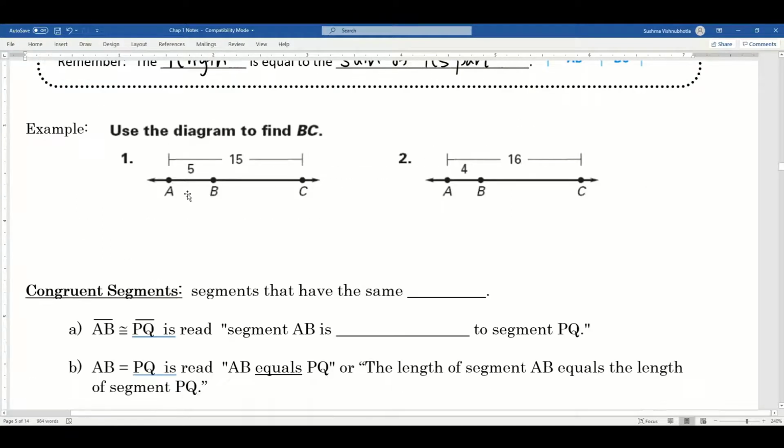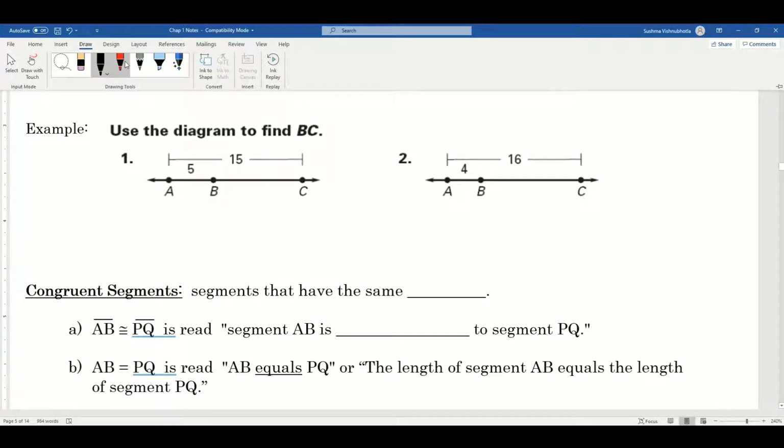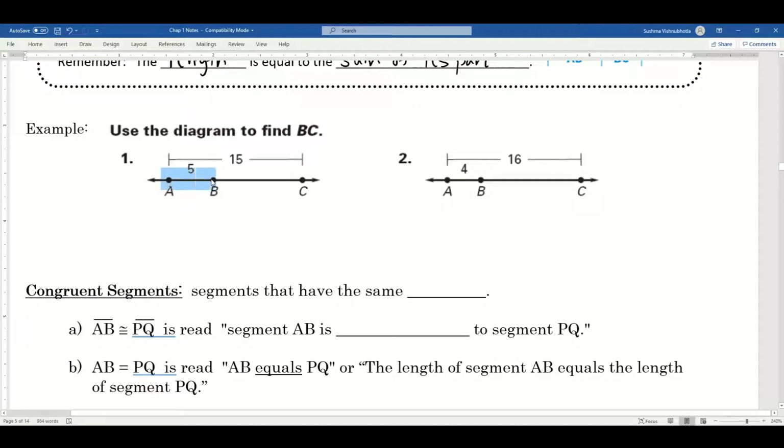So the 2 examples here, now this means I know the length of AC is 15, and the 5 is in between A and B, so that is the length of AB. So the length of AC is 15. The length of AB is 10. So they want you to find BC here, or this missing segment right here.